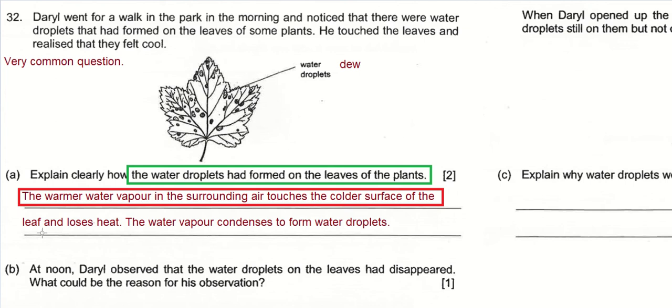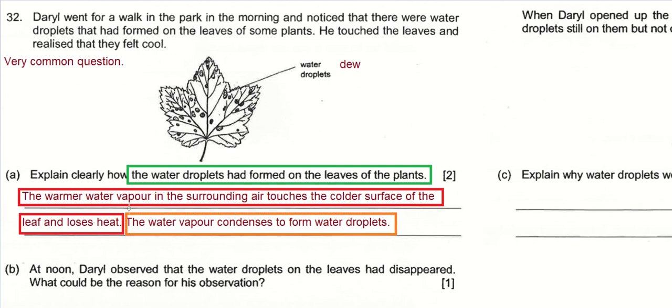And then the second evidence is loses heat. So this is the second evidence. And then the reason. So what? If it loses heat, so what? The reason is water vapor condenses to form water droplets. So where is the compare?